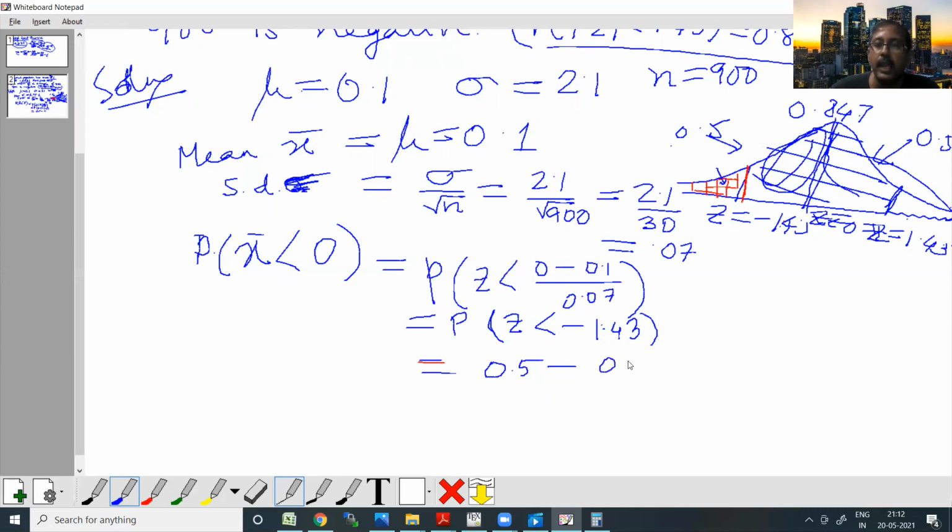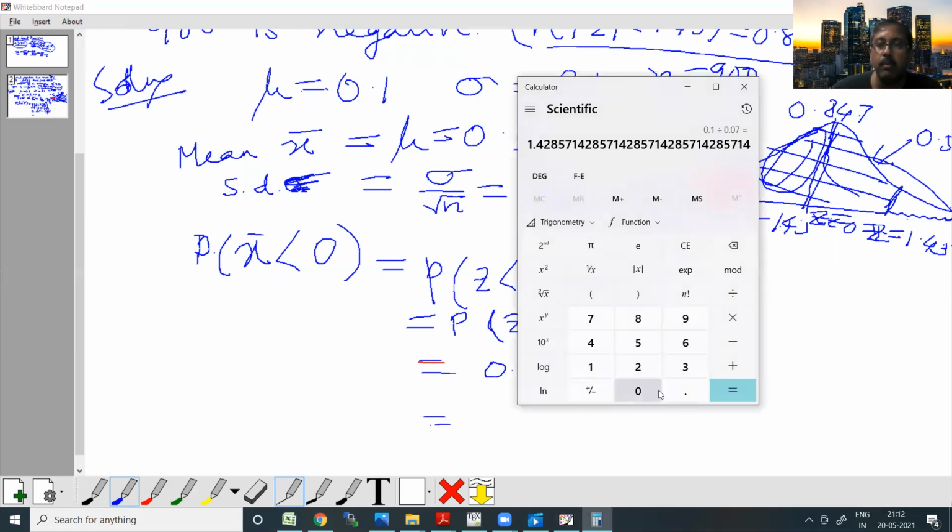What is the value of 0.847 divided by 2? It's 0.4235. And if I just subtract this from 0.5, it gives 0.0765.